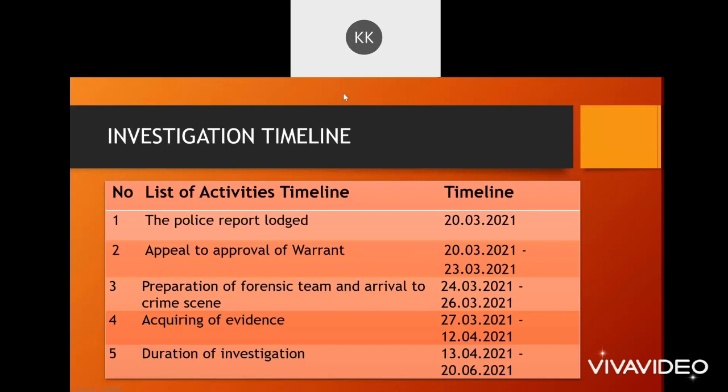The timeline will be from 20th March to 23rd March. Preparation of forensic team and arrival at the crime scene from 24th March to 26th March. Acquiring of evidence, which is from 27th March to 12th April 2021. And the duration of this investigation will be from 13th April 2021 to 20th June 2021.